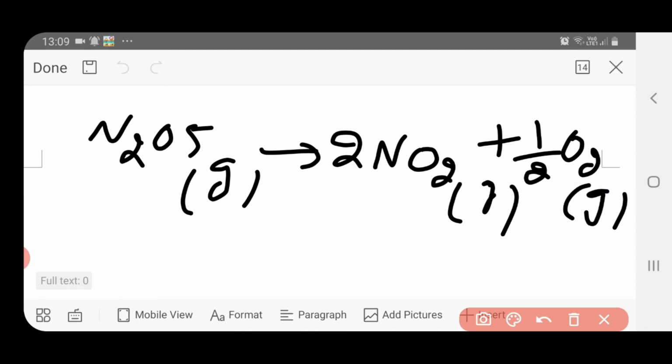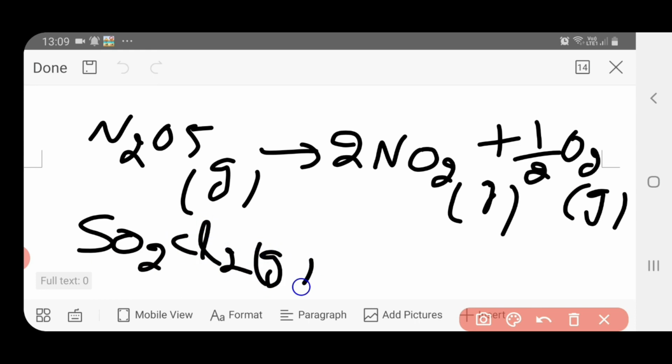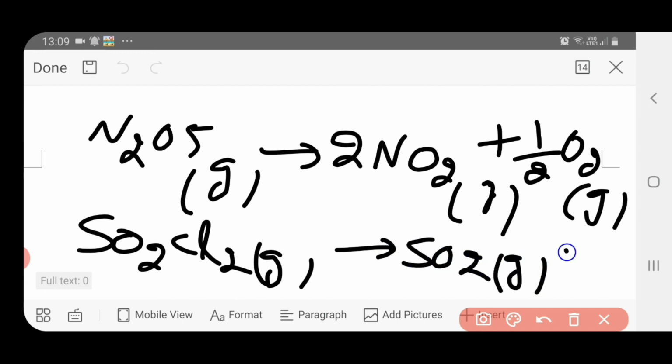This is also a gaseous state, a decomposition reaction. Same way, one more example: suppose SO2Cl2 in the gaseous state, arrow SO2 in the gaseous state plus Cl2 in the gaseous state. Are you getting my point, all of you? So these are some examples that we have done.